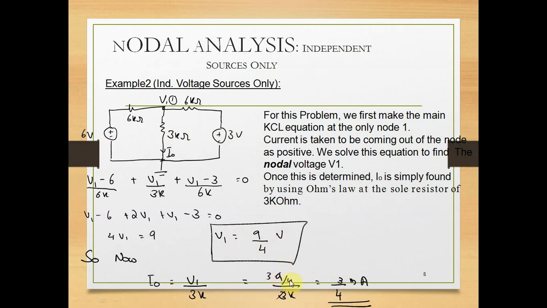Here 9 upon 4, and 9 divided by 3 means 3. Here the 3 gets cancelled, leaving 3 upon 4. So 3 upon 4 milliampere current is flowing here.